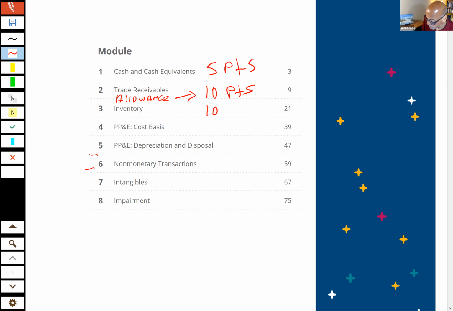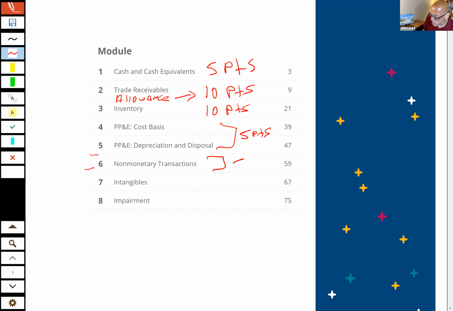Inventory is 10 points, and probably next time we're going to see that they expect us to know the different inventory valuation methods, LIFO, FIFO, weighted average, etc. Property, plant, and equipment, and the depreciation. I wish I could put a 10 next to this, because this is pretty easy, but the examiners know that, and so they're probably going to cover you with 5 points there.